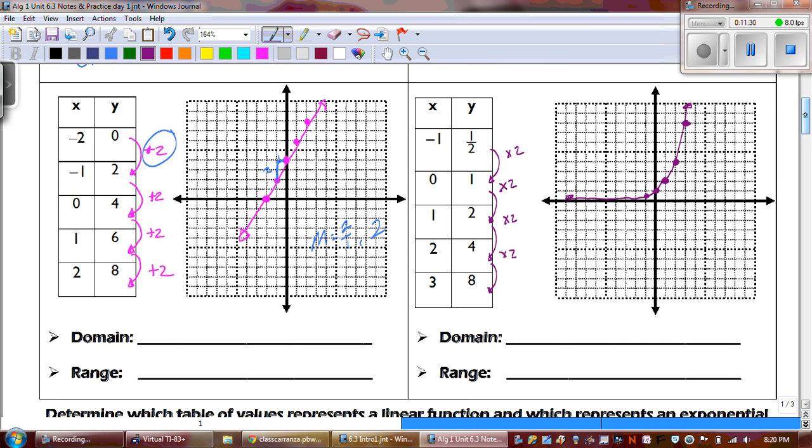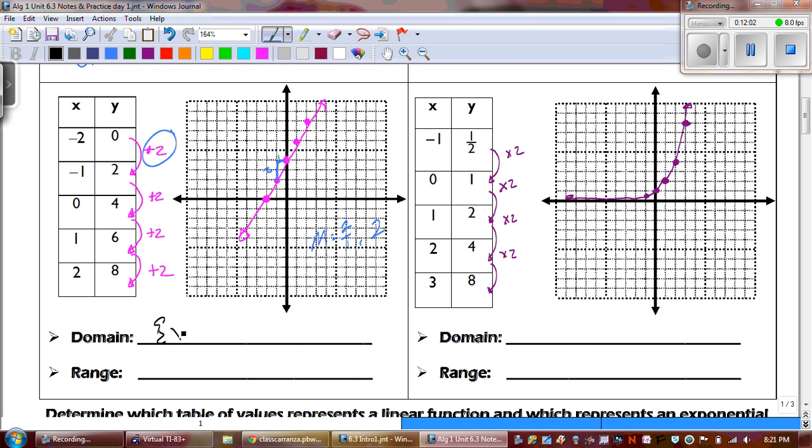Now, talking about the domain and range. We've talked about domain and range before, okay? The domain is your x and the range is your y. Before, we were just like, hey, what's the domain? Oh, it's -2, -1, 0, 1, and 2. Well, true, but that's not what it always is. From left to right, what are all the possibilities that x could be?